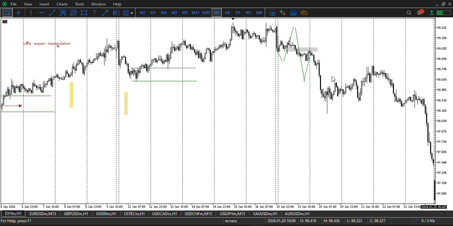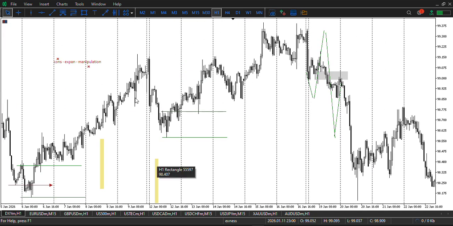Now, again, there are two profiles to framing Monday's close as a consolidation. Number one, if Monday closes as a consolidation, this is why you're going to be using this rectangle. The first profile is Monday close as a consolidation.